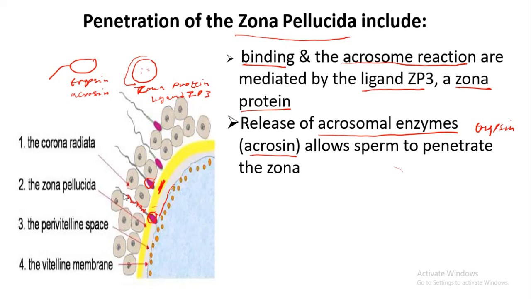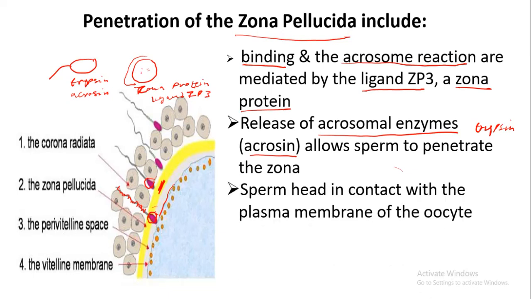This tail will surely remain. We'll talk about that later. So, the sperm has penetrated the zona pellucida. After it penetrates through the zona pellucida, it's going to be in contact with the plasma membrane of the egg, which is the oocyte.